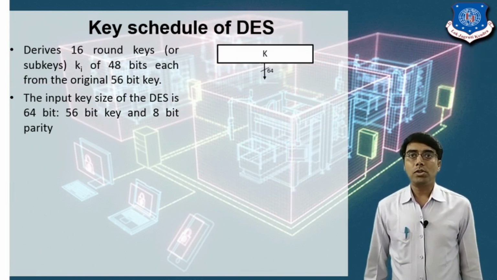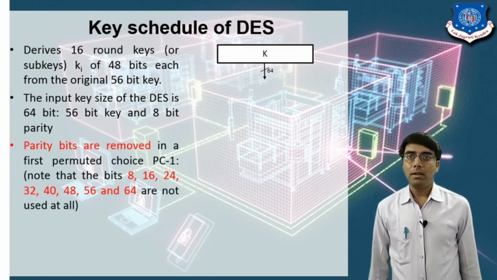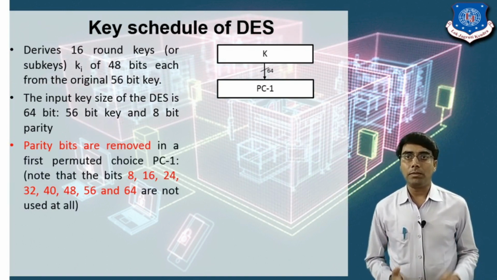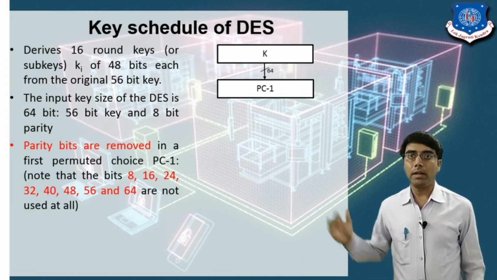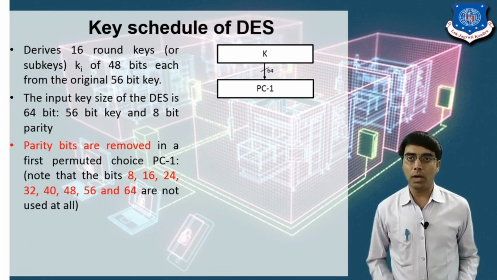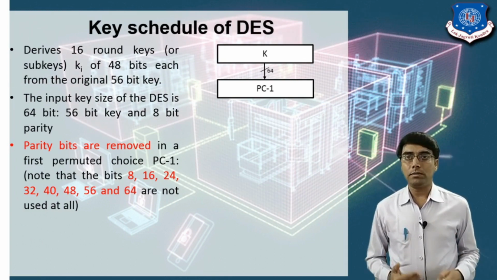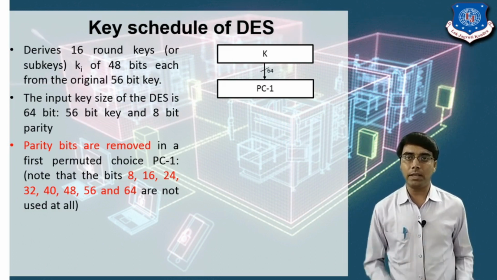Let's see. First, the size of the key is a 64-bit key. Now in permuted choice 1, the 64-bit input will be given into permuted choice 1. Now in permuted choice 1, we discard 8 bits to get the 56-bit key.